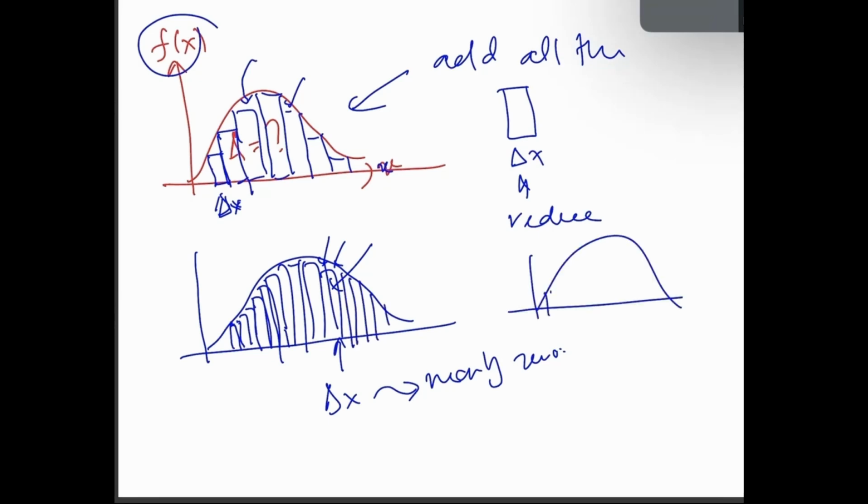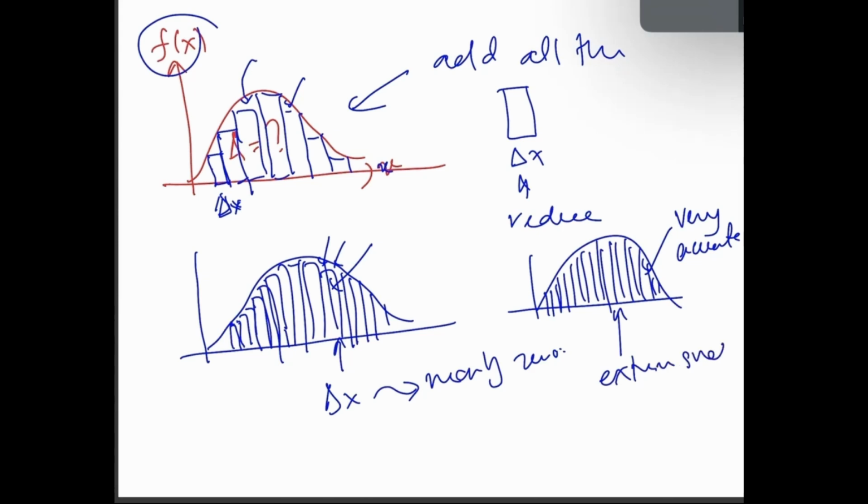And we add all these areas, and it will be very accurate. This one is very, extremely small, delta x. So now we can write it as dx.